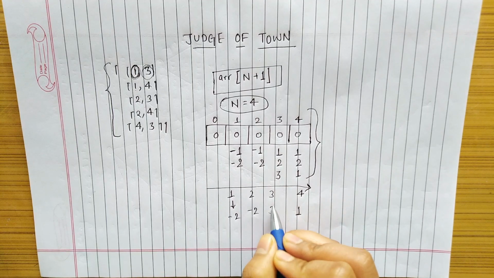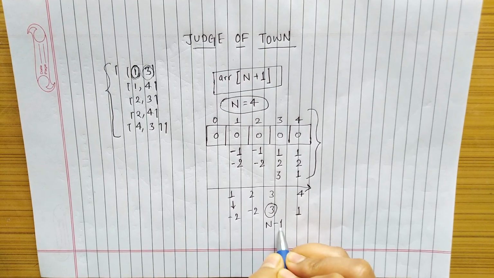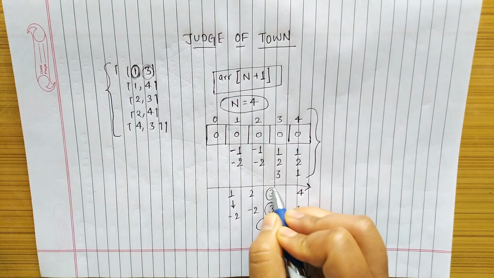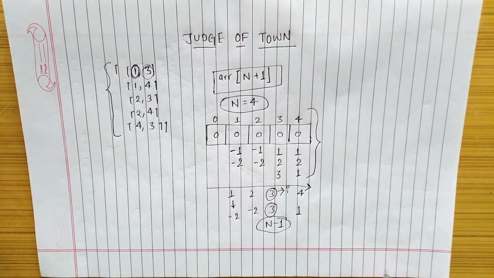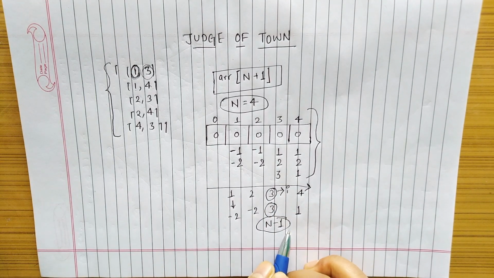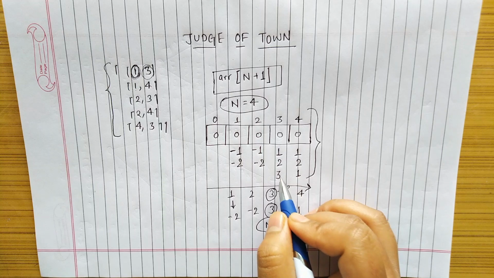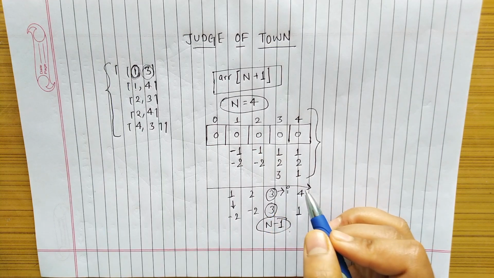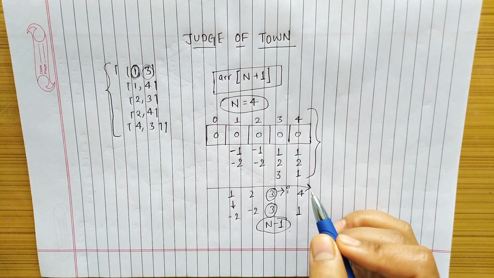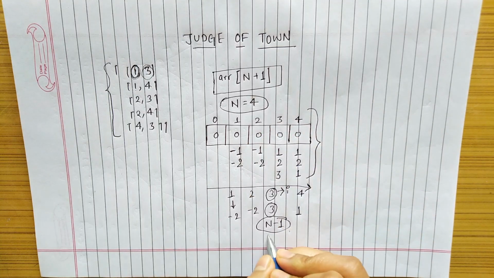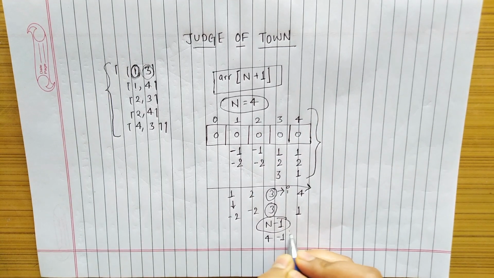Now the value which is equal to n minus 1 will be our judge, so we return this index i. Now why n minus 1? Because the judge does not trust itself. If it is trusting itself as well, then it will become even more, and we do not want that. So n minus 1 means 4 minus 1, which is equal to 3.